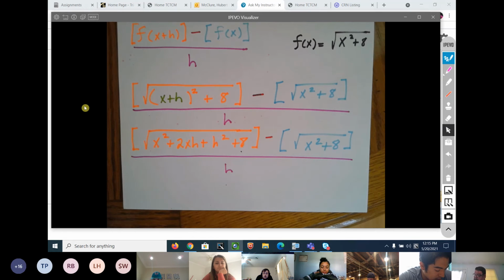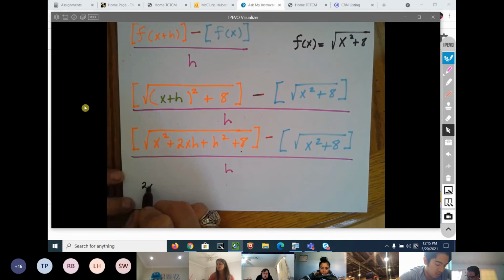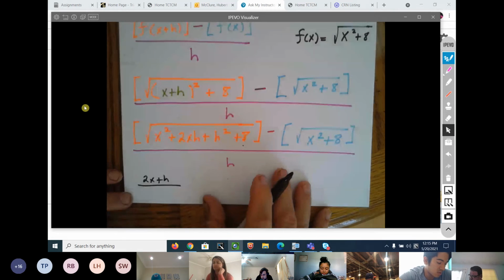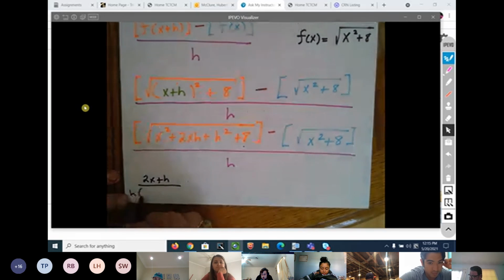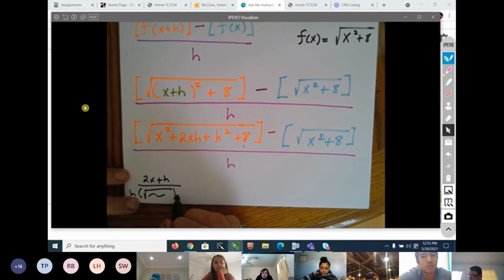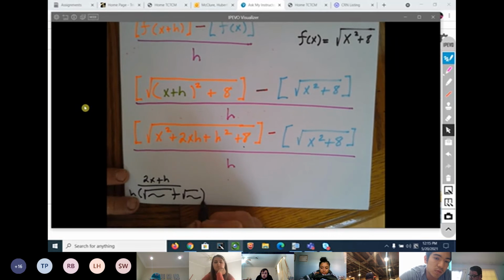So it looks like to me, if you did conjugate, I'm thinking out loud, y'all, you would get 2x plus h over h times the square root of blah, blah, blah minus the square root of blah, blah, blah.